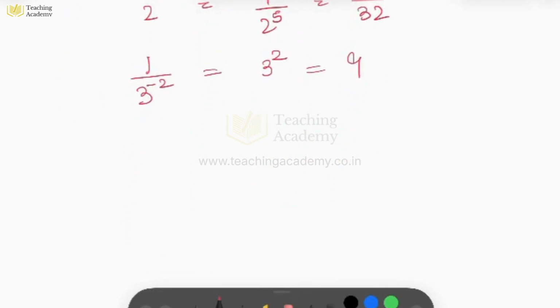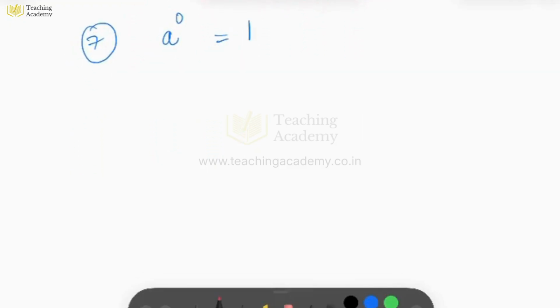Okay. Then the next one is the last. If you see any number having a power 0 or an index 0, that means it is 1. Okay. Sometimes they may give you a very different kind of situation, but if you see any number's power is 0, you can straightaway write 1 there.